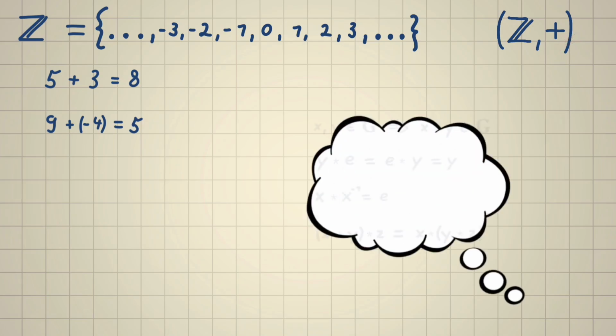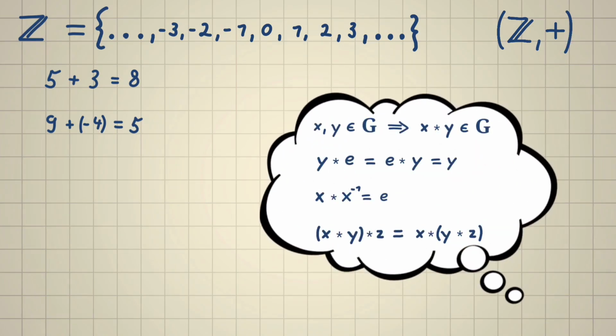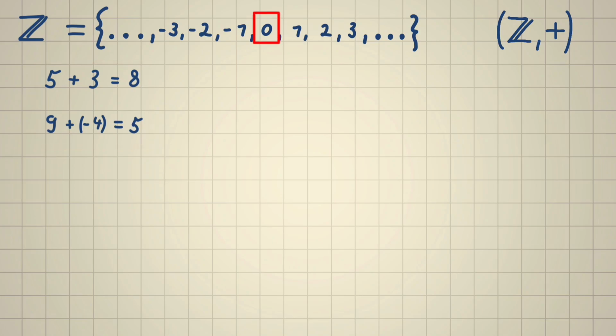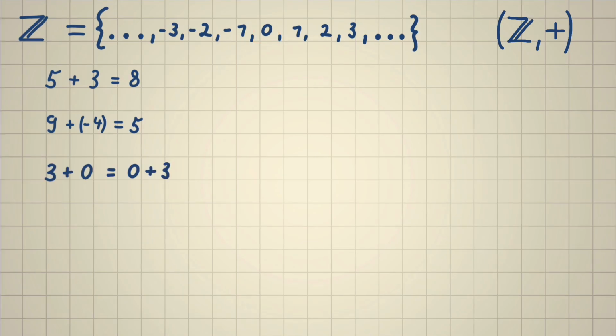It's fairly easy to see that the previously mentioned group axioms hold for the integers with the addition operation. When you add two integers, you always get another integer. So the integers are closed under addition. Apparently, the identity element is 0, since adding 0 to any integer gives the same integer, no matter whether the 0 comes first or second.